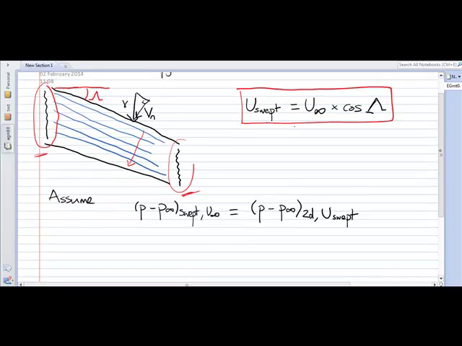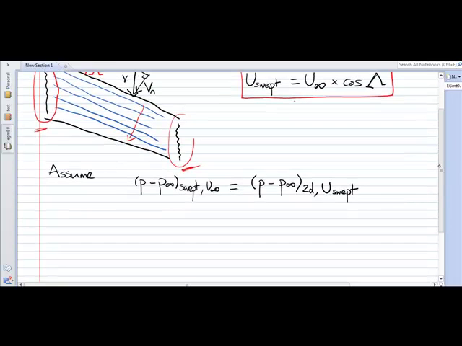And we're also going to make this assumption here that p minus p infinity, so the deviation of pressure from its ambient condition in the free stream for this swept wing at u infinity, of course, a swept wing is, by definition, a 3D geometry. There's no such thing as a 2D swept wing.